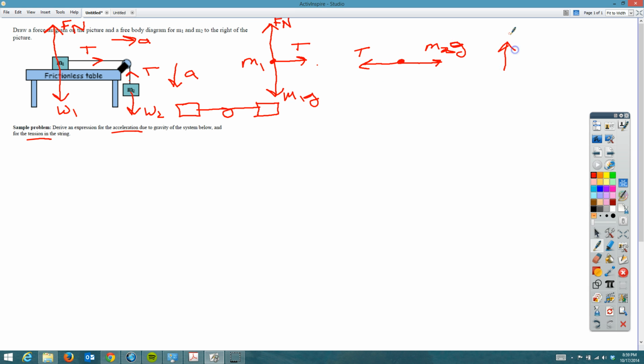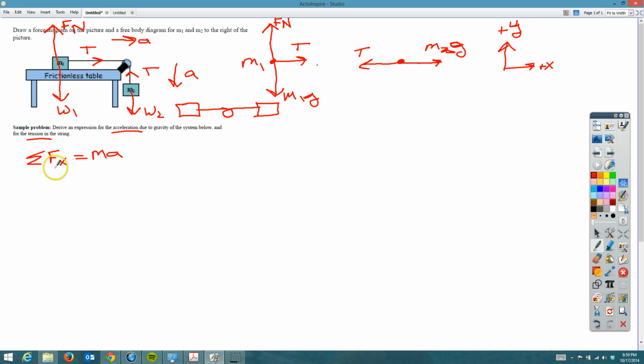So now we have everything we need in order to solve this problem. Let's make an axis. We're going to say this is positive y, and this is positive x. So that makes it a little bit easier. Okay, now we need to do a little bit of math. The first thing we're going to say is the sum of the forces in the x direction are equal to, and remember this thing is accelerating, so we're going to say ma.